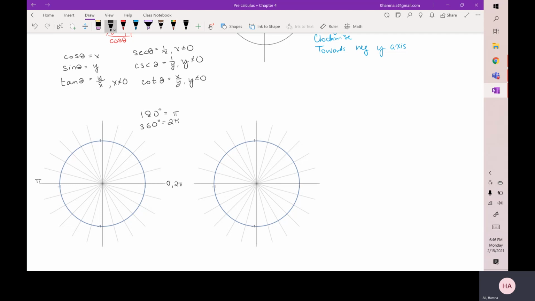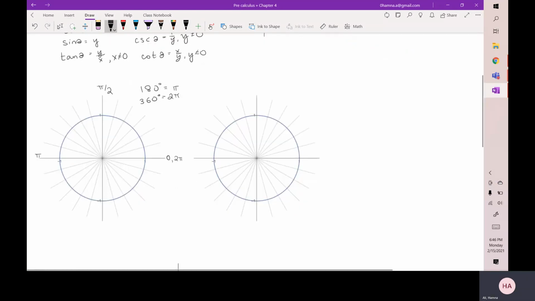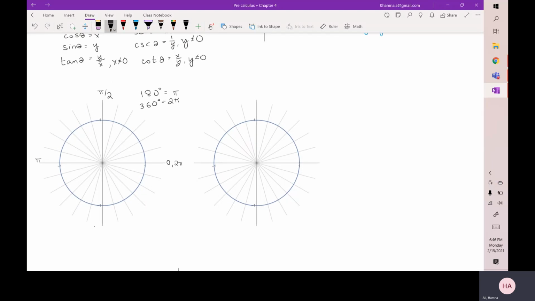Because 2 pi divided by 2. I can look at the positive y-axis and say, hey, that's going to be pi over 2, because it's 2 pi divided by 4. I can go to my negative y-axis and call this 3 pi over 2. And so on. And you can see that we're increasing in the positive direction.